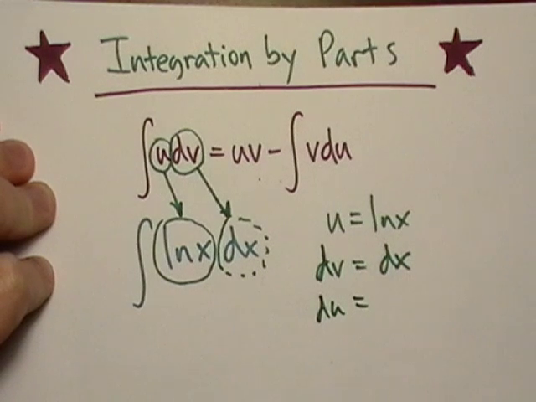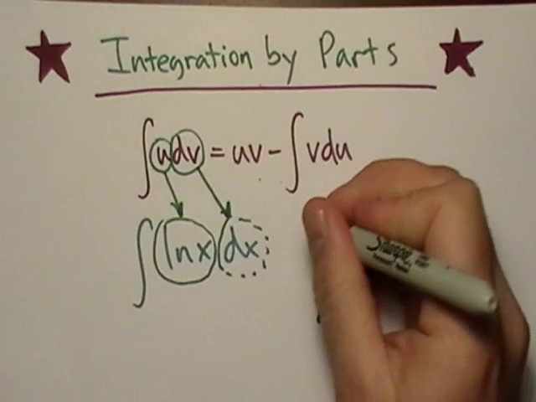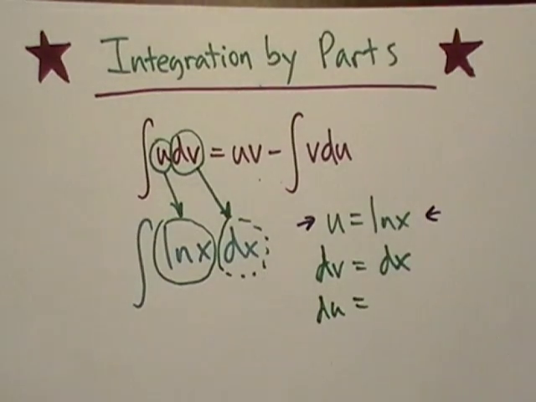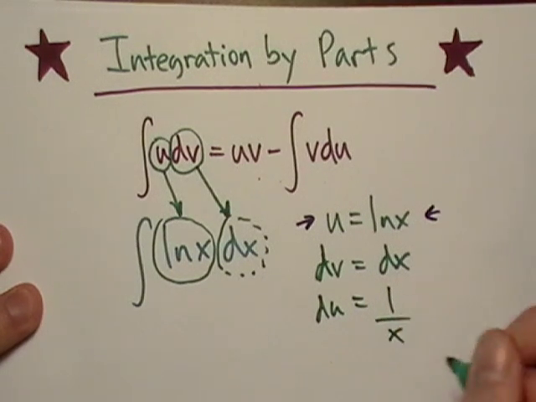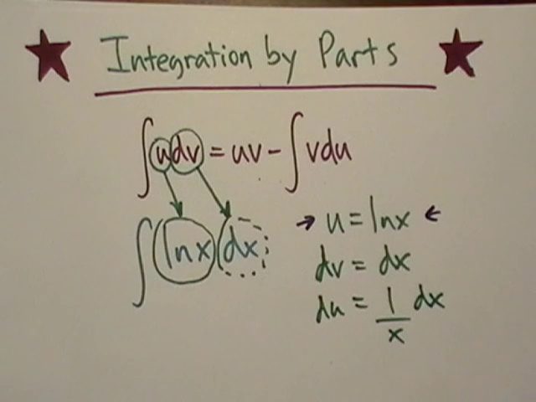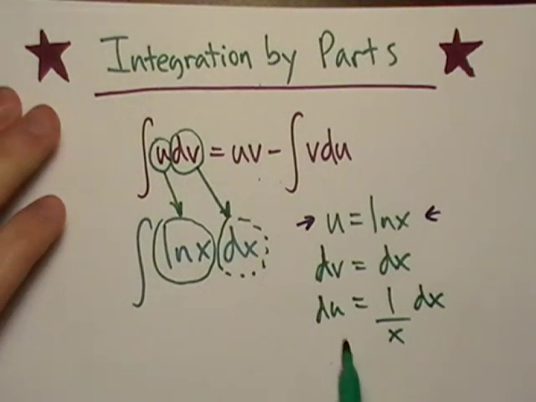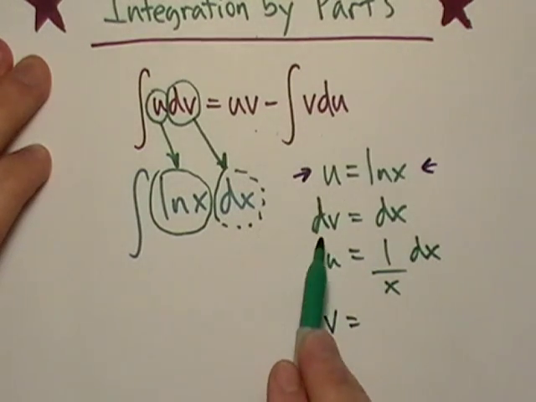That's pretty easy to find, because if I just take the derivative of this guy in its differential form, then I get du. And we know that's easy. That's 1 over x dx, so it's in differential form. Now we need a v though, don't we? So I have dv.